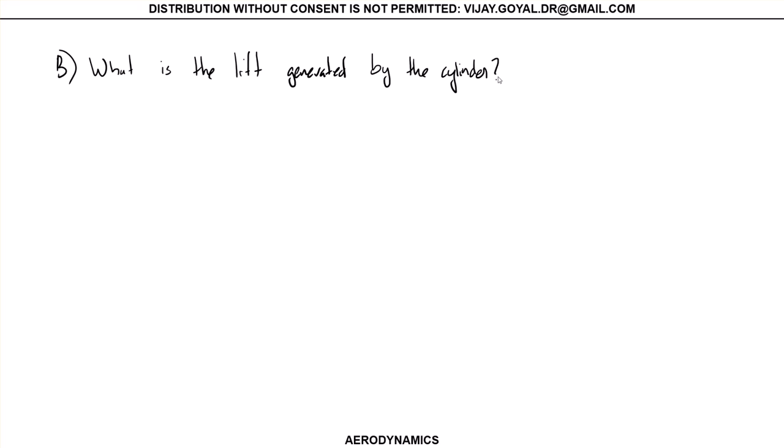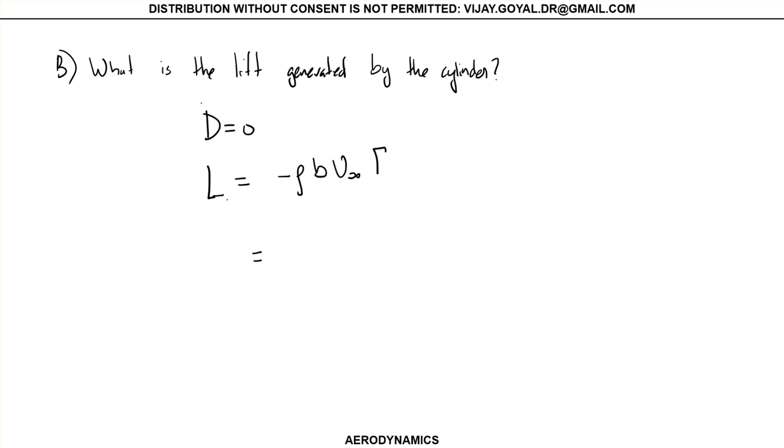One thing that we derived in class is that for a cylinder, the drag is equal to 0 because of d'Alembert's paradox, and the Kutta-Joukowski theorem allows you to find the lift per unit span. Or, if I don't want to use lift per unit span, that will give you minus rho times b times U infinity times gamma. Okay, so in my problem, I have all of these quantities.